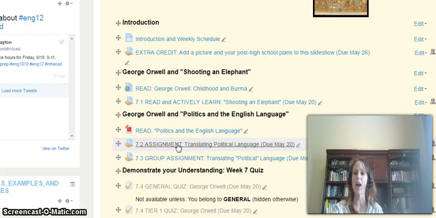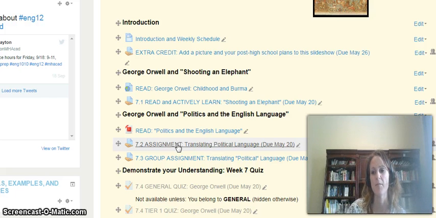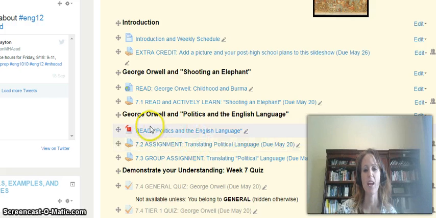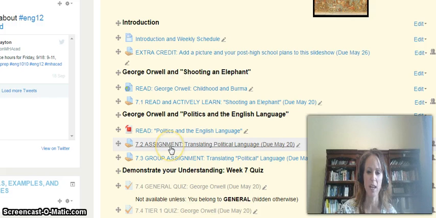That is very direct, clear, and succinct and not overly wordy. So you're going to demonstrate that you understand what his point was by adding to this group assignment. It's on a group Google Doc, and then also pasting what you've written into the add submission box and submitting that in Moodle to me.